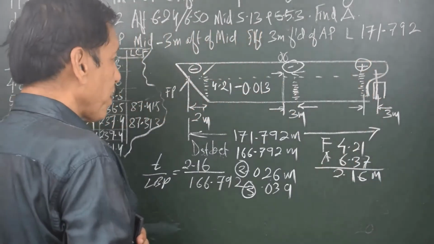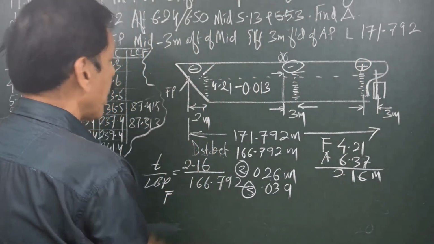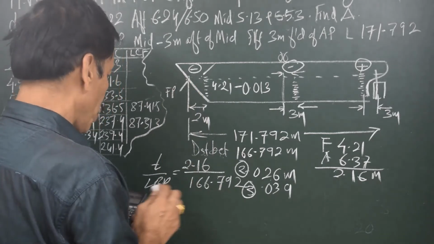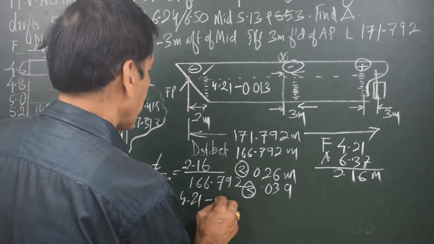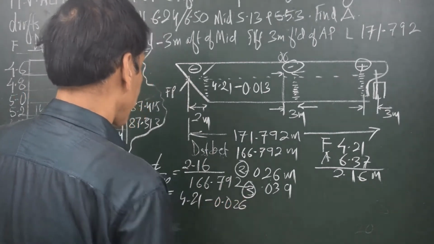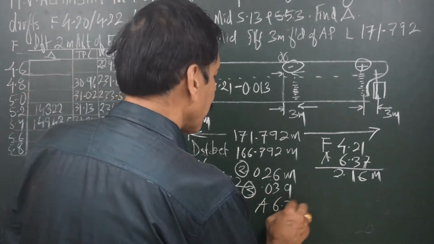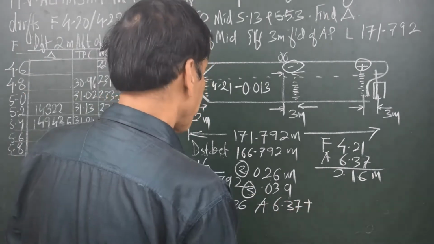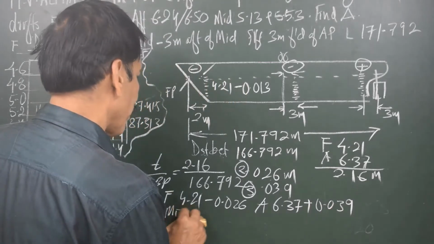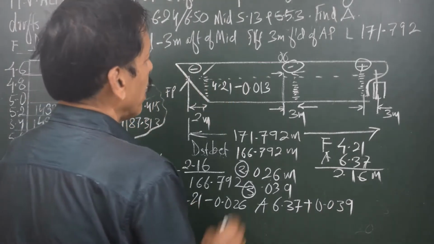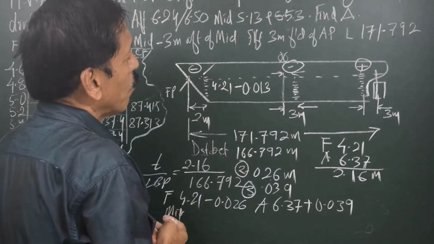So can I say the corrected draft for the position forward is going to be 4.21 minus 0.026, and aft is going to be 6.37 plus 0.039, and at midship, the mean of midship draft is how much? 5.13, 5.53. The difference is 0.4. 5.33 is the mean.